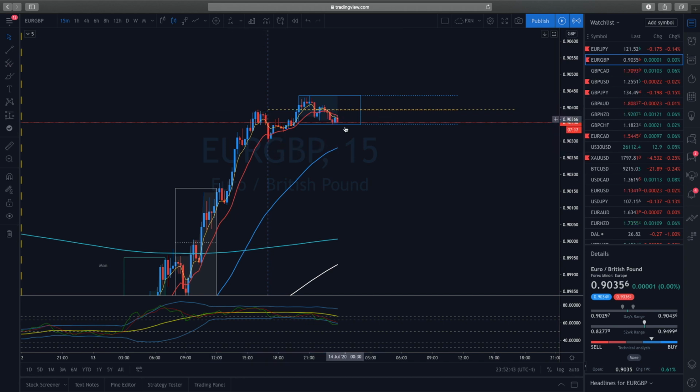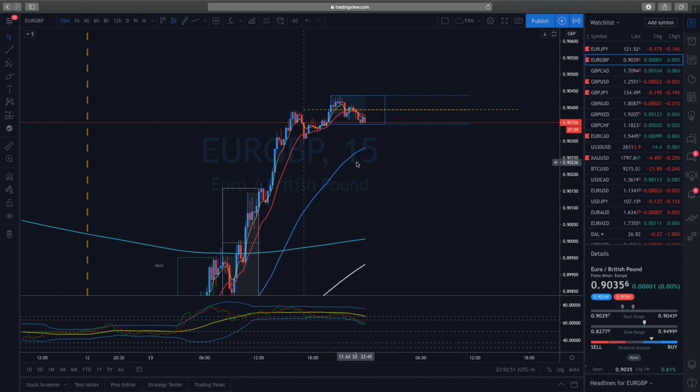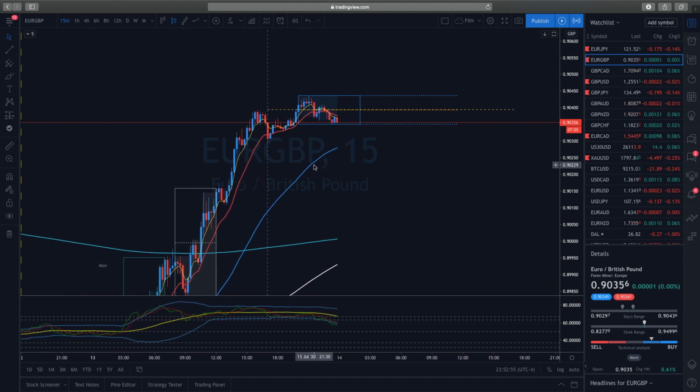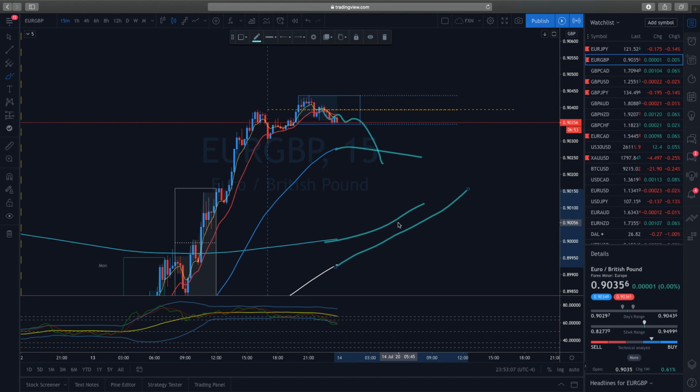That's what leads me to believe that this potentially could be a trending cycle this week. Again, I could be completely wrong, I don't know, we'll have to see. But what I would definitely be expecting is a pullback to happen to this 50 here, because I don't think it'll pull back all the way down to these EMAs, because it's too far down.